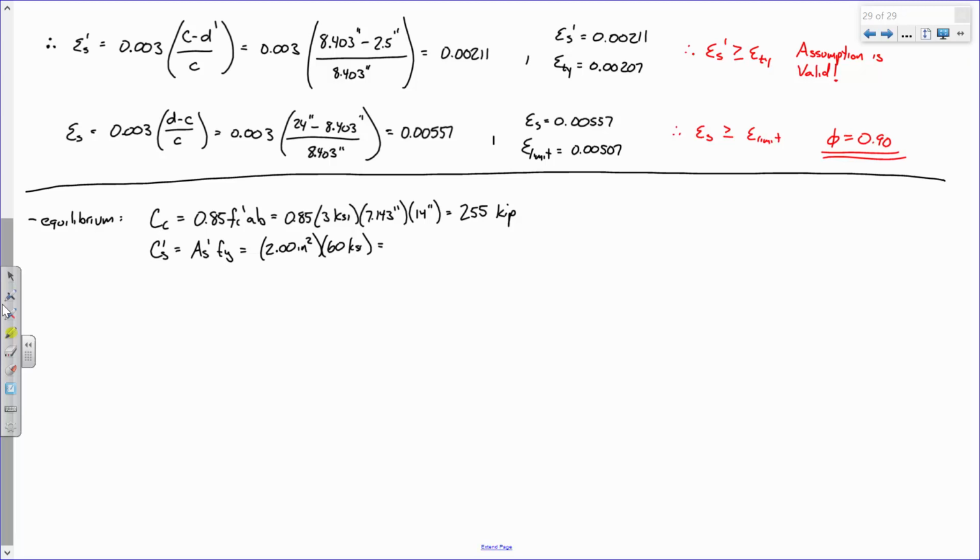And so what does that come out to be? That's, well, if I can do that in my head, that's 2 times 60, that's 120. And Ts is As Fy. What was As?